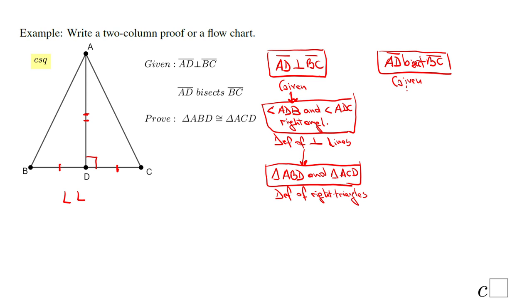Based on this statement, we can write segment BD congruent to segment DC. And this is the definition of perpendicular bisector, we can say here.